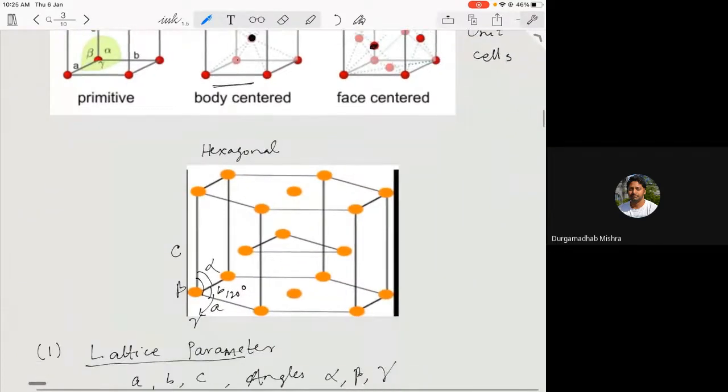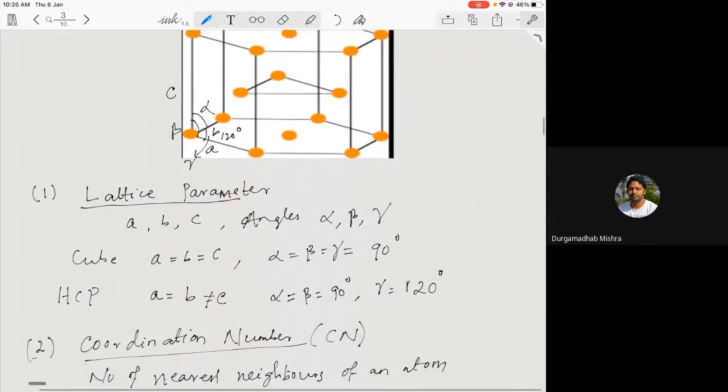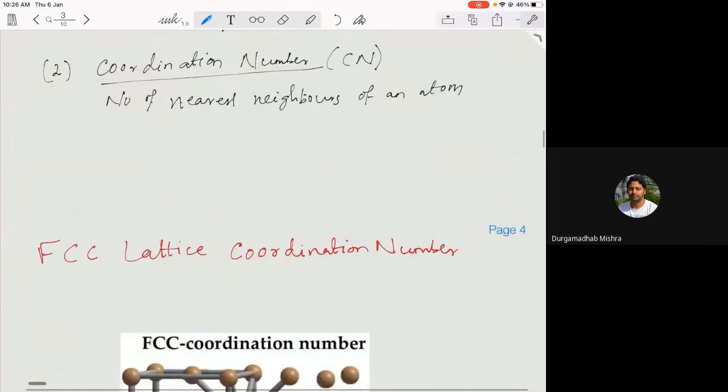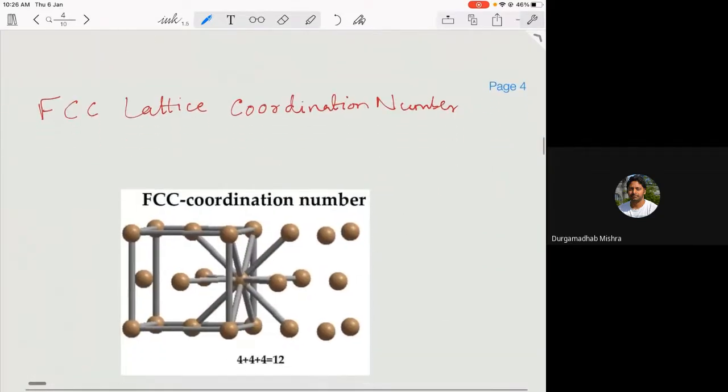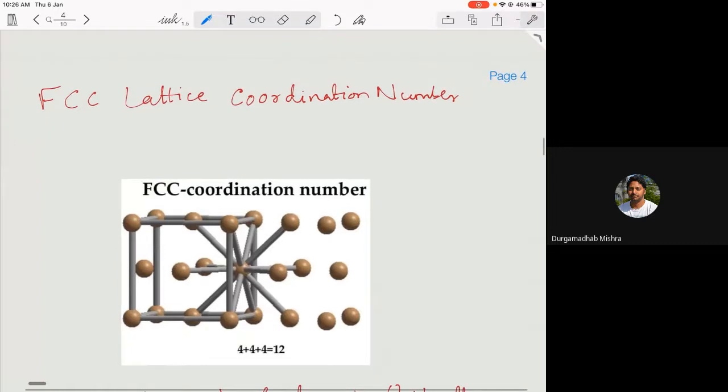Similarly, if I take an FCC lattice, so here I have drawn that. If you want to calculate the coordination number for an FCC lattice, if you look carefully, you have atoms in the corners and atoms on the faces of the cube.